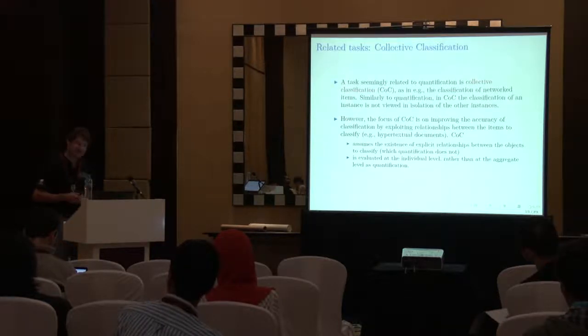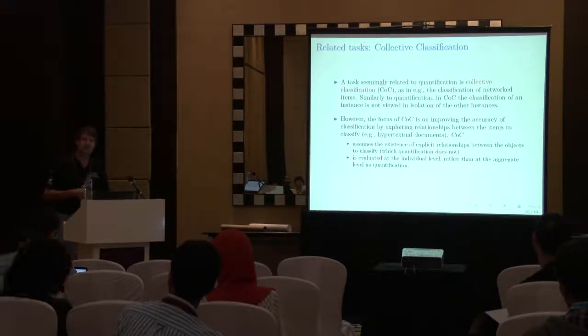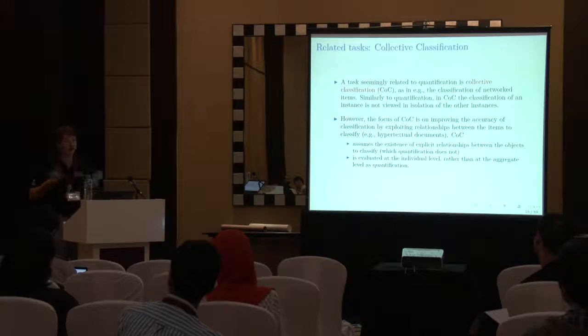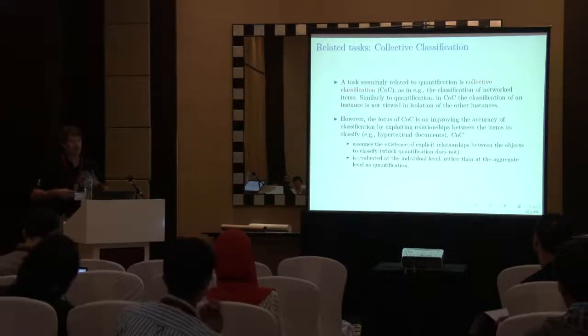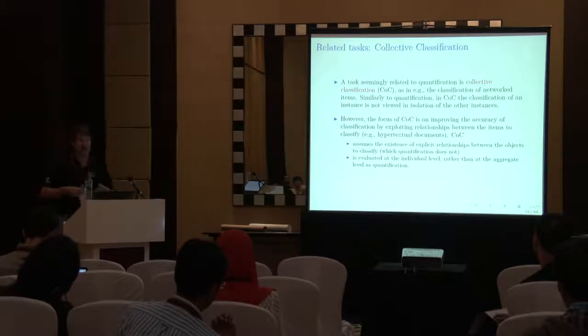A second related area is so-called collective classification. Collective classification is when we want to classify networked items, such as hypertextual pages, web pages. In collective classification, we typically want to use features such as text and links, so endogenous and exogenous features.